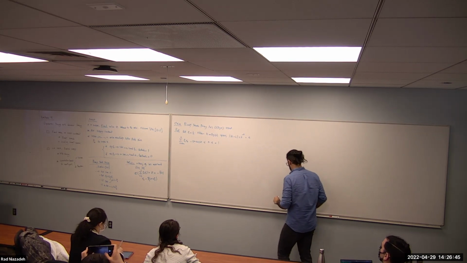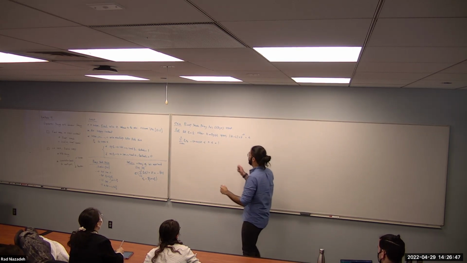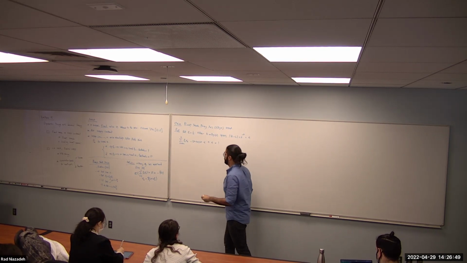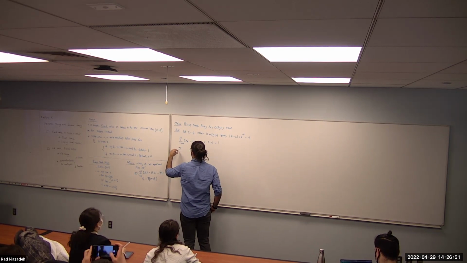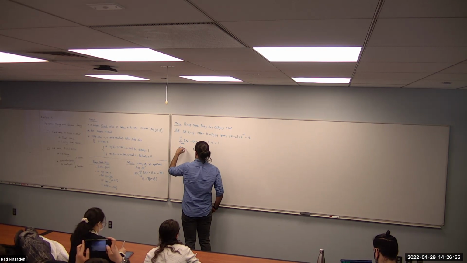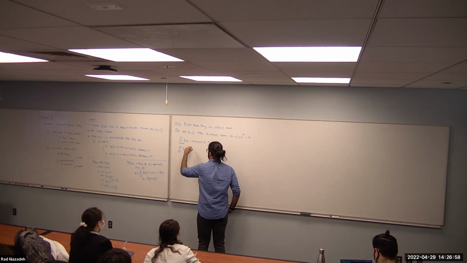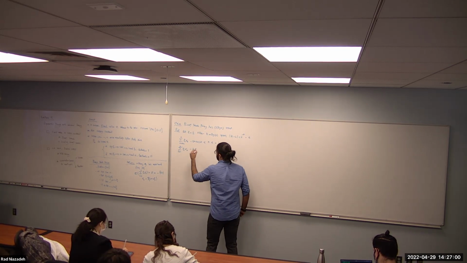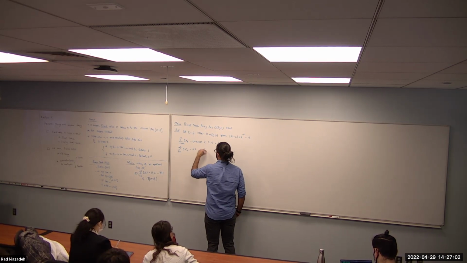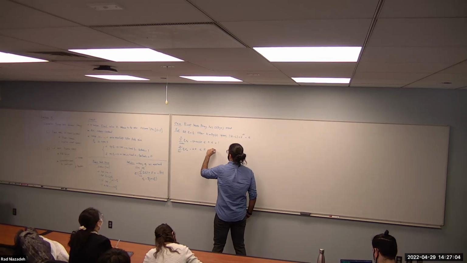But then you're going to incur regret in the first k rounds. I can say the summation t from 1 to k of p_t x_t minus k times v is at most k, right? Which is log n.